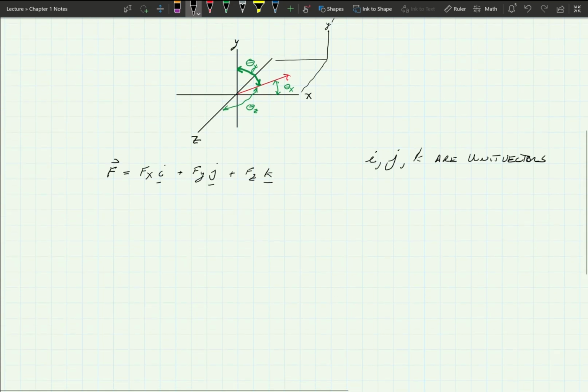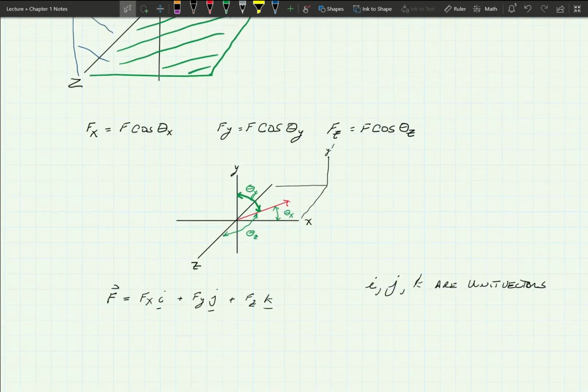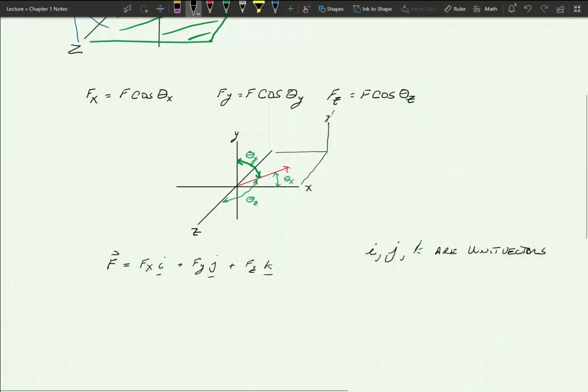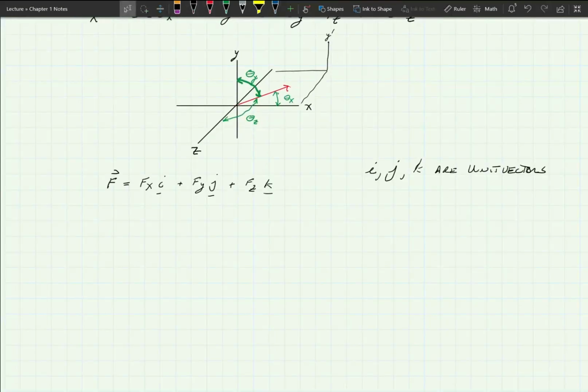Now, we know already from this up here that f of x is equal to f cosine theta x and f of y is equal to f cosine theta y and all that across there. We can now make some substitutions into this equation to help us start figuring out what we're doing.